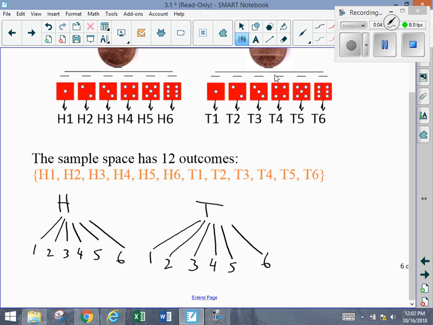That would tell me my total possible outcomes is 12. So my sample space has 12 possible outcomes. Without having a beautiful picture of a penny, that's how I would write it. This is an example of a tree diagram that we would use in order to count the number of results in our sample space.